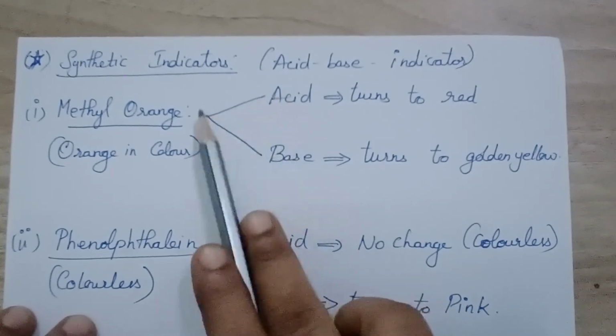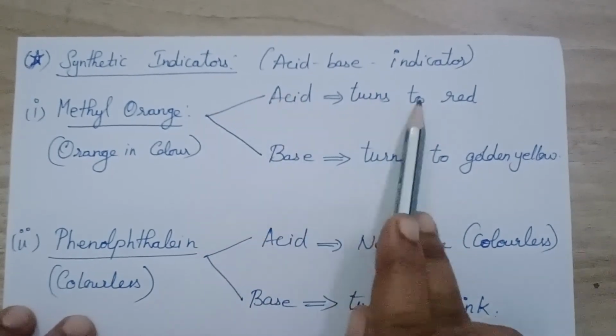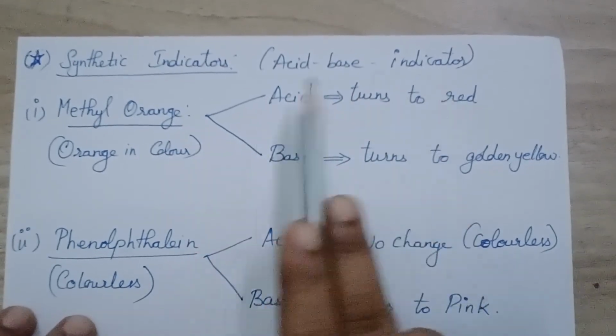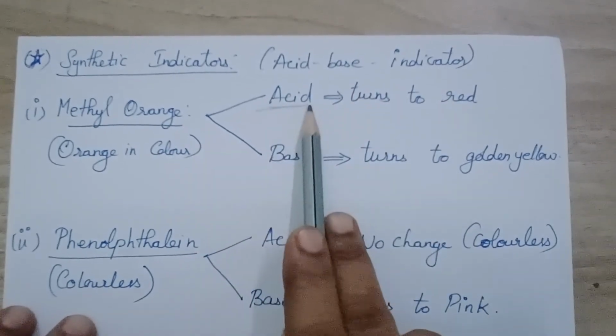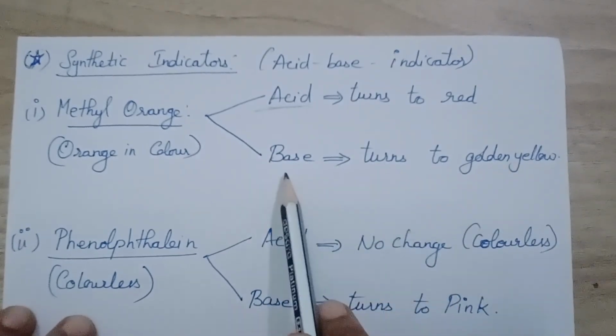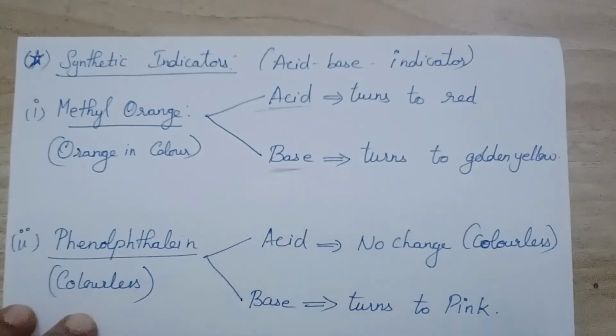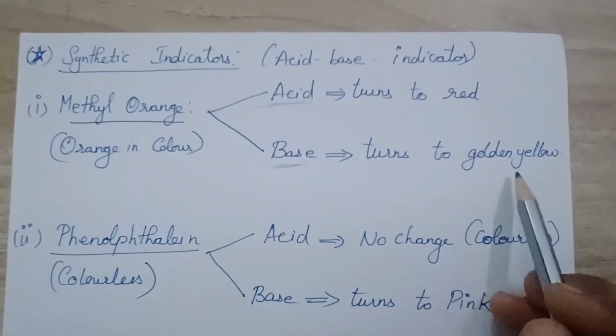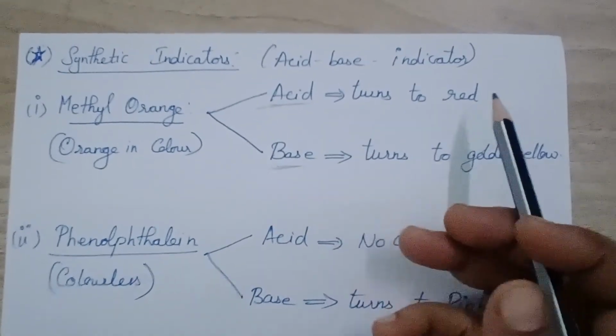When you put a drop of methyl orange in acid, it turns red, which indicates the presence of acid. When it turns golden yellow, it shows the presence of base. In the presence of base it turns golden yellow; in the presence of acid it turns red.